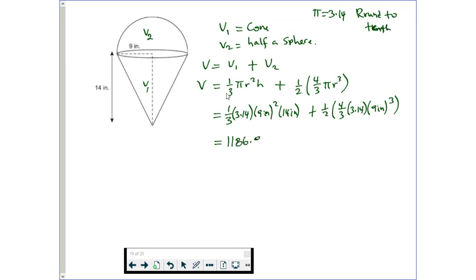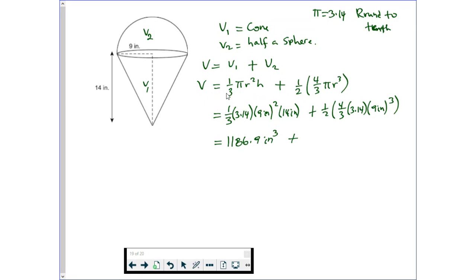1186.9. The same thing. What about the second part? 1526.8 exactly.